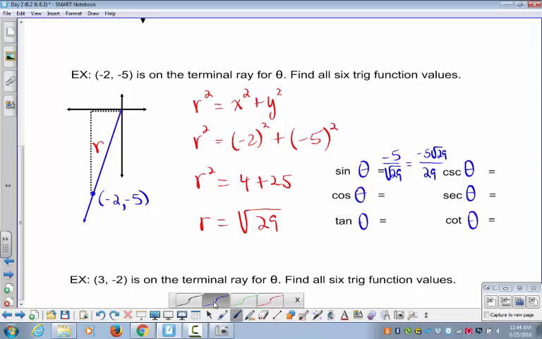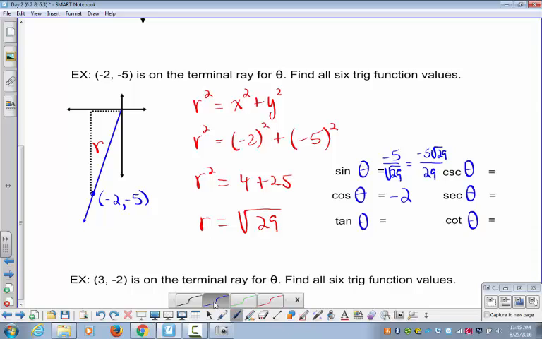The most common mistake here is to say, ooh, sine is y, cosine is x. And that's wrong. And it should be obvious that it's wrong soon. We know that sine and cosine are restricted. When we were dealing with acute angles, they had to be between 0 and 1. Now that we're allowing any angle, the restriction grows a little bit, but not a lot.